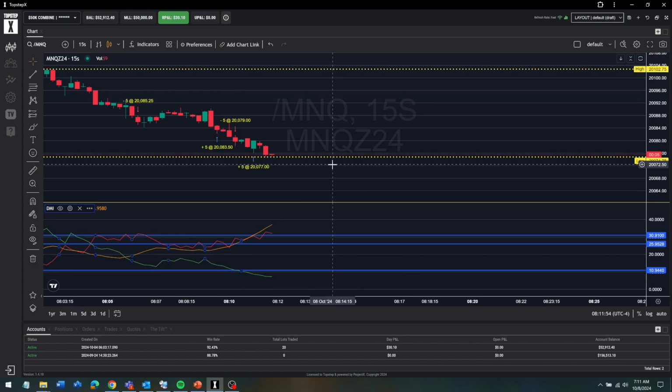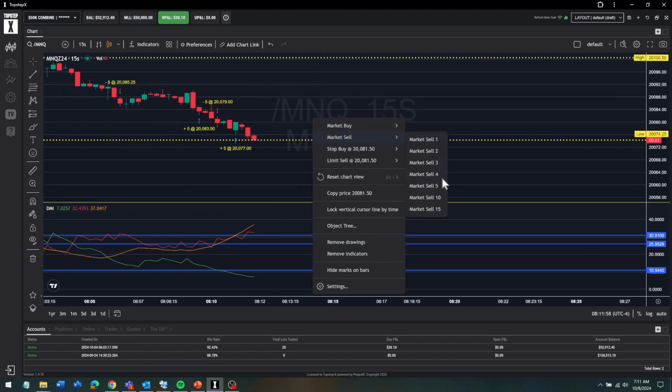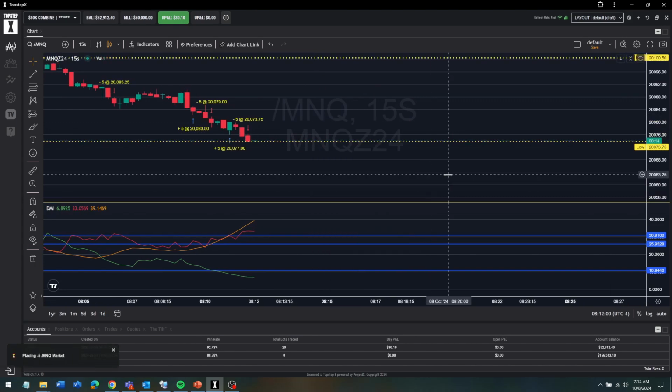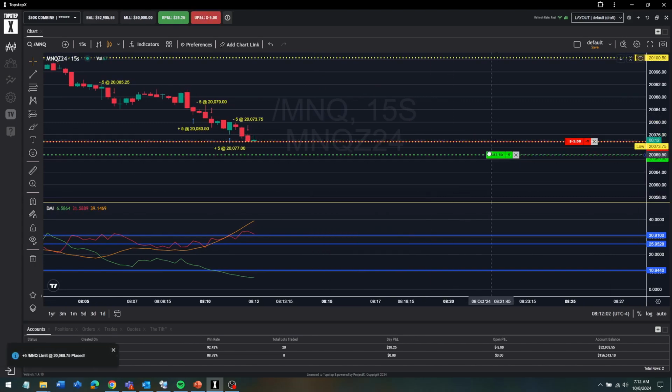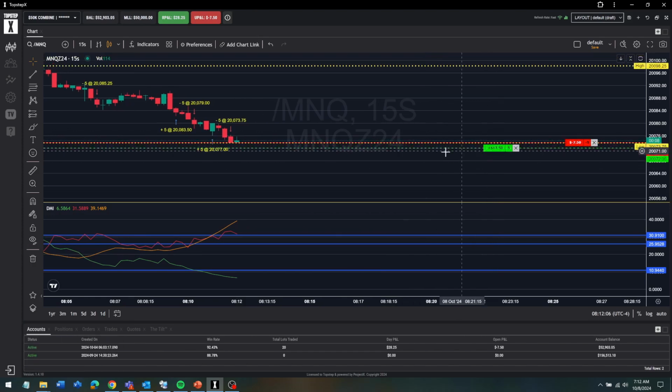So right now it looks like we could still see some selling pressure, so let's try that again. And I have the settings set so that my profit target defaults to $50.